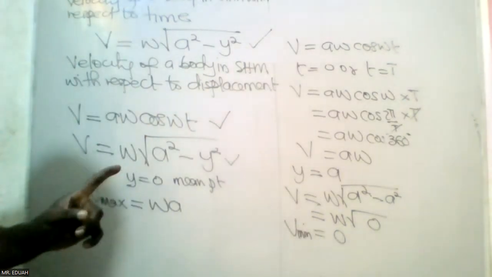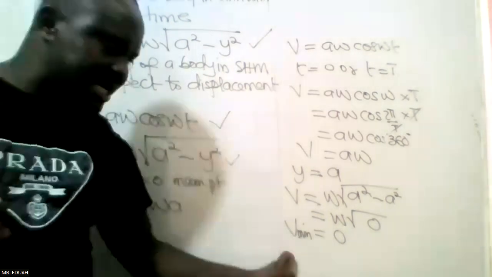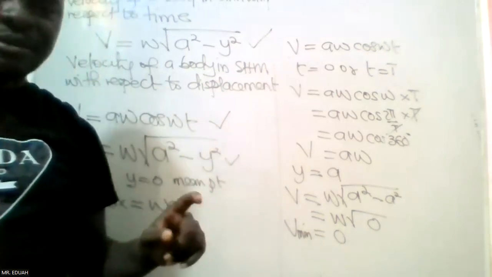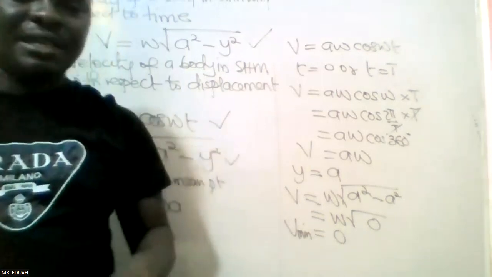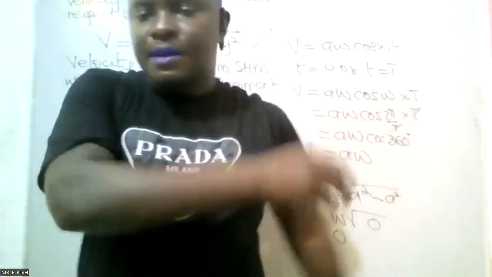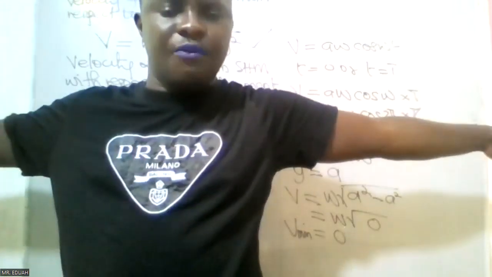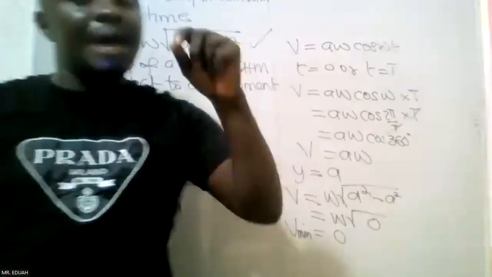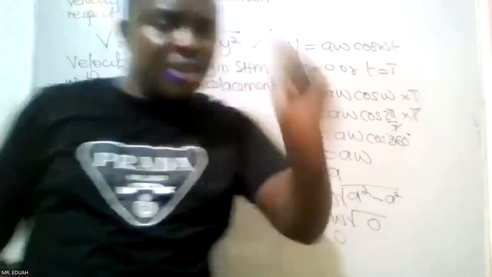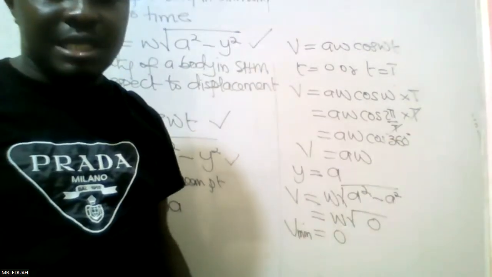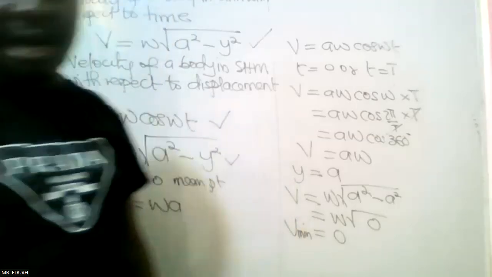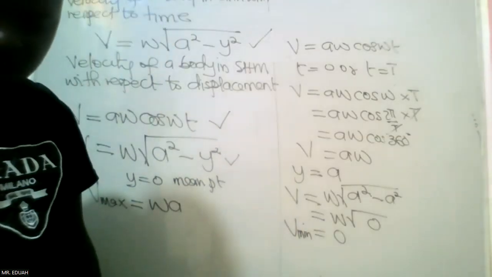The lesson here is that for a body exhibiting simple harmonic motion, the minimum velocity occurs at the extremes, and the exact value of this minimum velocity is 0.